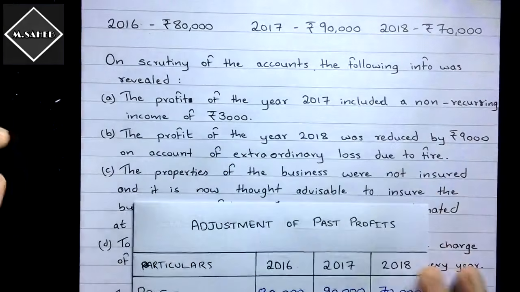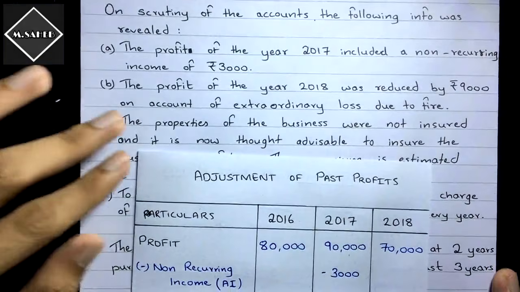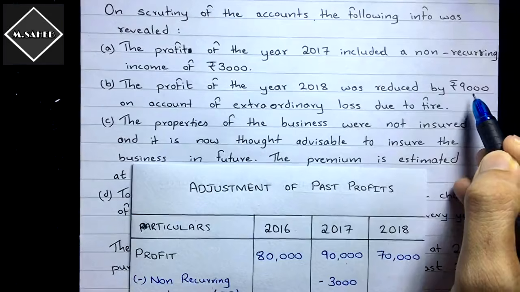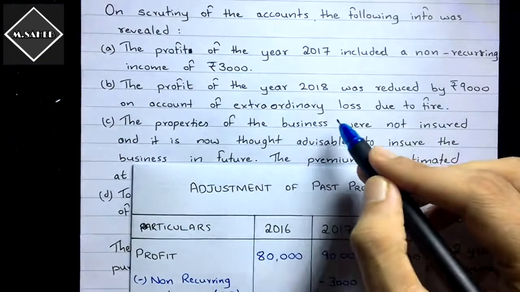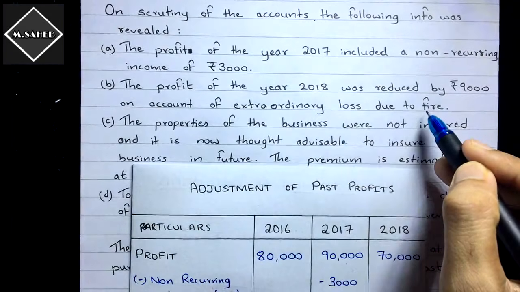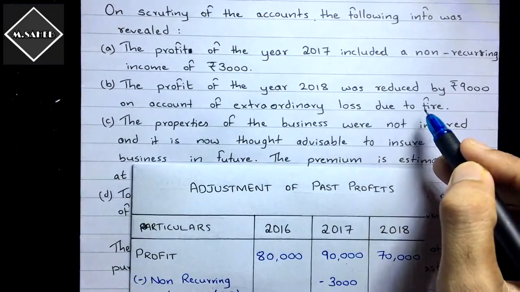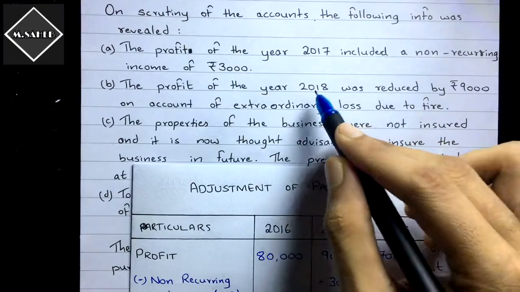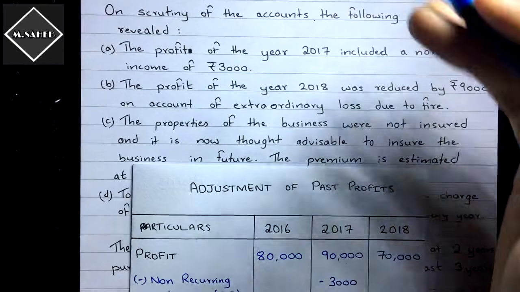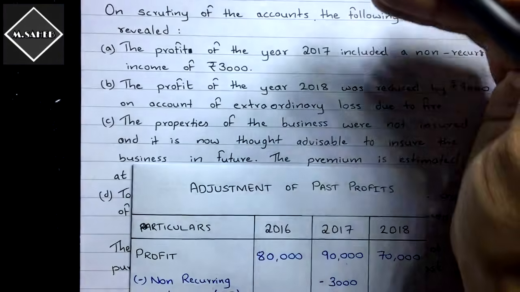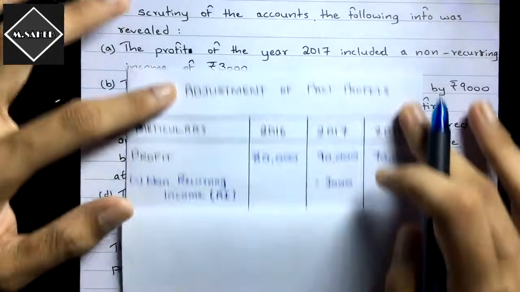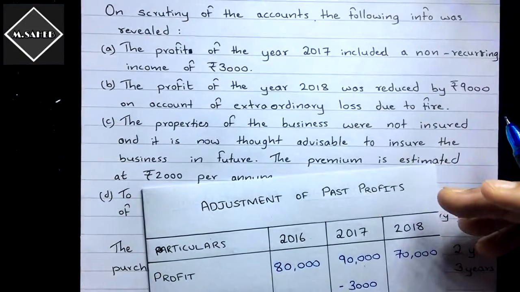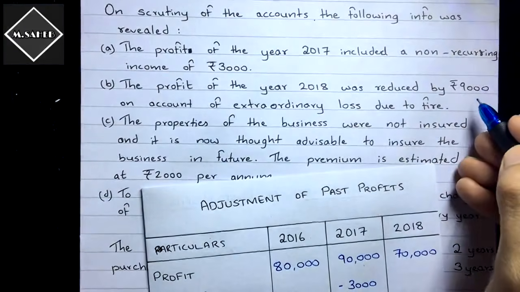Fine. And then the second adjustment we have is the profit of the year 2018 was reduced by 9,000 on account of extraordinary loss due to fire. So now here what is given? Here they have given that in the year 2018 there was a loss due to fire, and due to that loss the profit was reduced by 9,000.